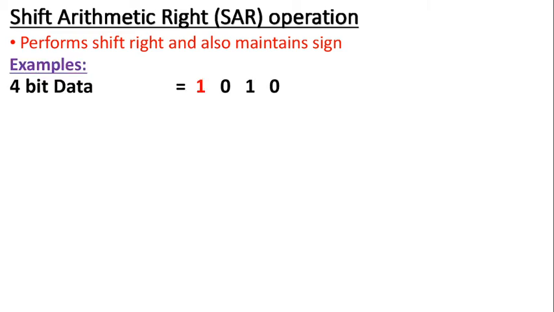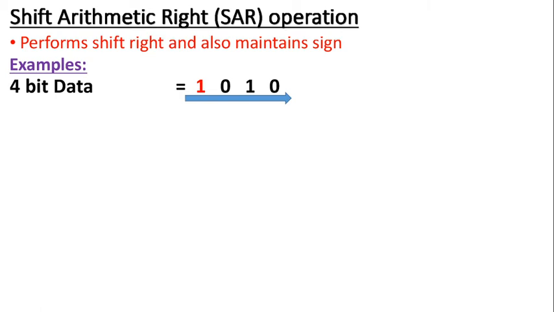Now here is one example where my data is of 4 bit and that data is clearly written on the right side, 1010. Obviously that sign bit will be the extreme left bit, which is shown by red color 1. Whenever we perform SAR operation here, the direction of shifting is clearly shown by this arrow here.